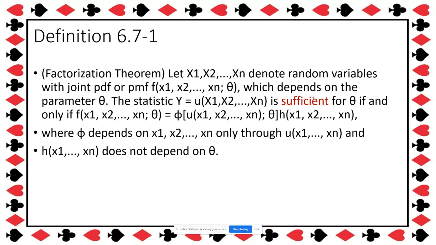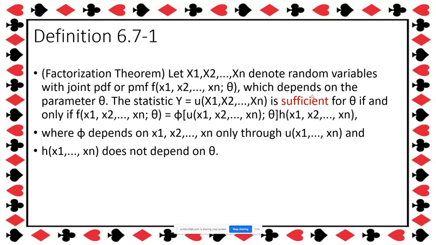Okay. So suppose we are able to factor this. Y equal to u of x1, x2, xn is sufficient for theta if the function can be factored. So let's say we can factor the density function into 2 factors.